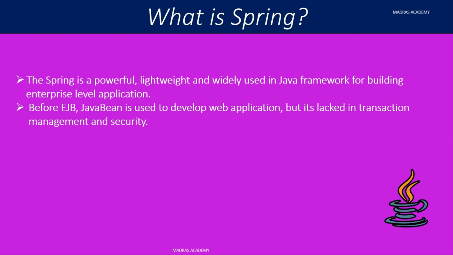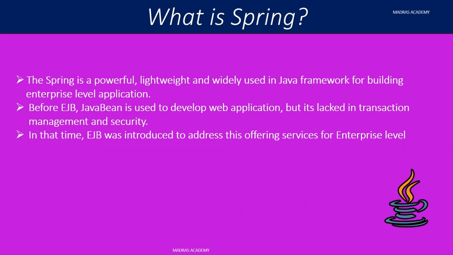While creating a Java bean web application, we had some lagging in transaction management and security. At that time, EJB was introduced to address this, offering services for enterprise level application development.